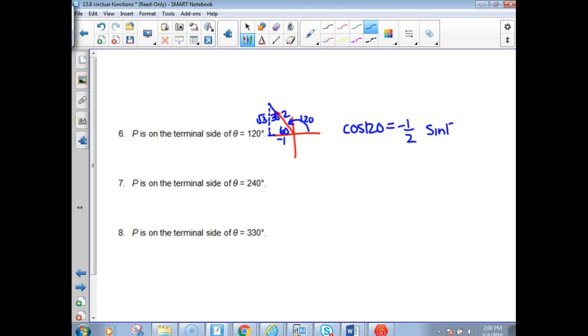Sine of 120 would equal opposite over hypotenuse, square root of 3 over 2. Cosine is negative in quadrant 2, sine is positive in quadrant 2. I'm just jotting down what quadrant I'm in. Number 7, 240 is going to land us in quadrant 3.